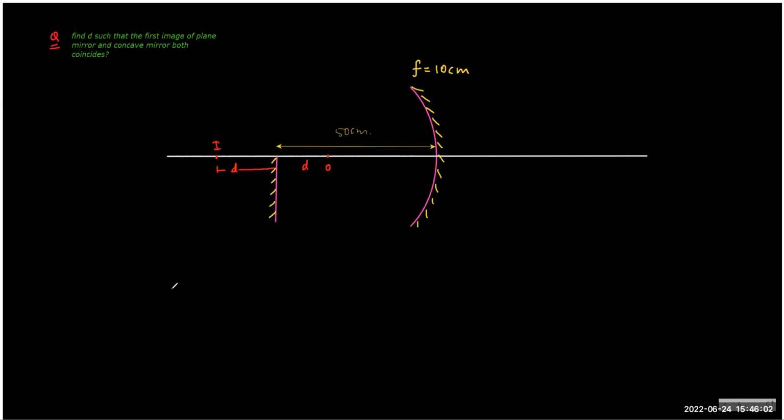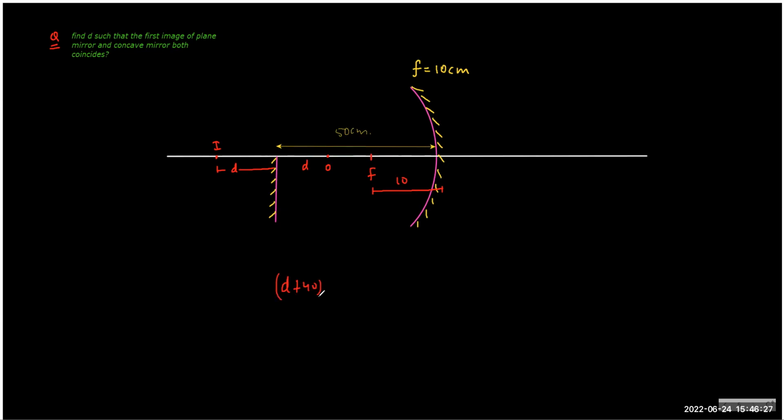So for the concave mirror, f is 10, the rest is 40. So what is the distance of the image from the focus? D plus 40. Yeah, so it's D plus 40.